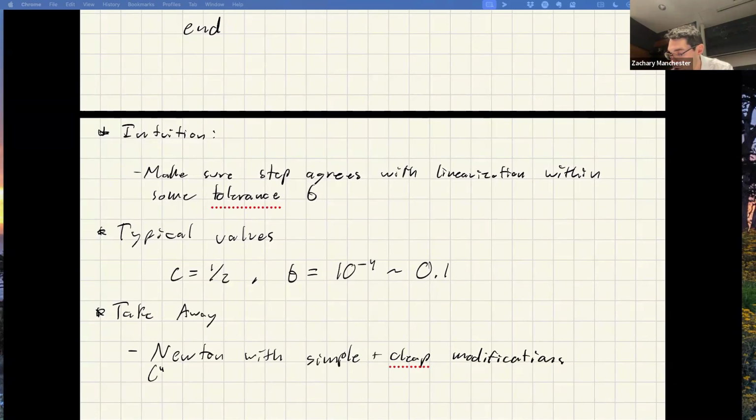By the way, these things in general are called globalization strategies. And there are other ways to do it, completely other ways. Basically, these globalization strategies are very effective at finding local optima.